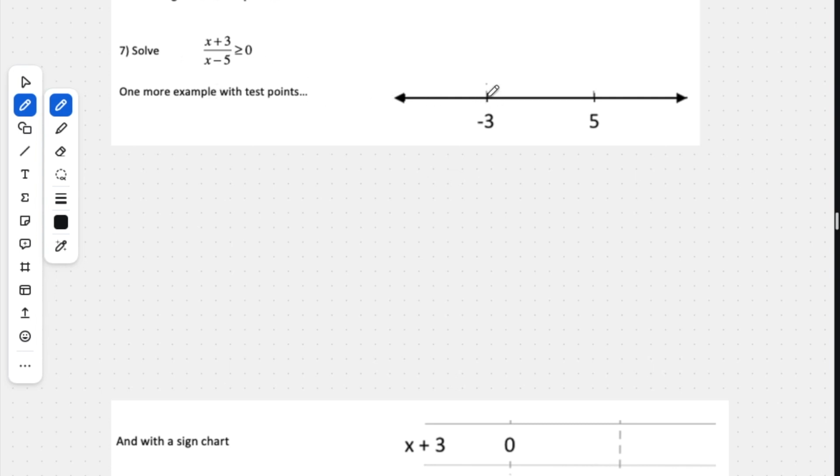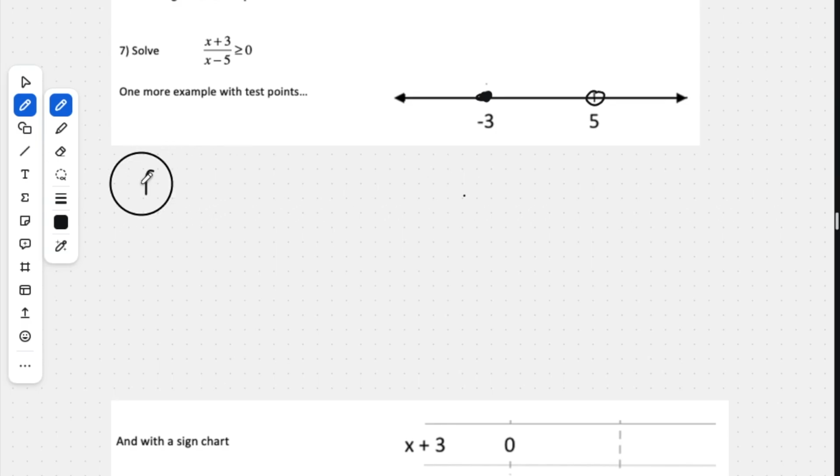So right away, I could mark this graph with an open dot there and a solid dot. Did I do that right? Yes, a solid dot. No, I did it backwards, my bad. Open dot on the 5, solid dot on the 3, because we're going to include our numerator and exclude our denominator. So then we would have to do some test points.